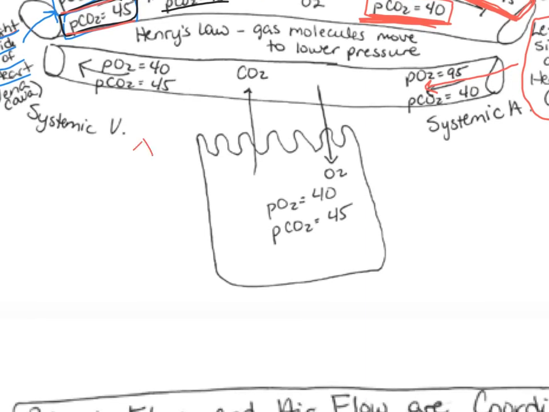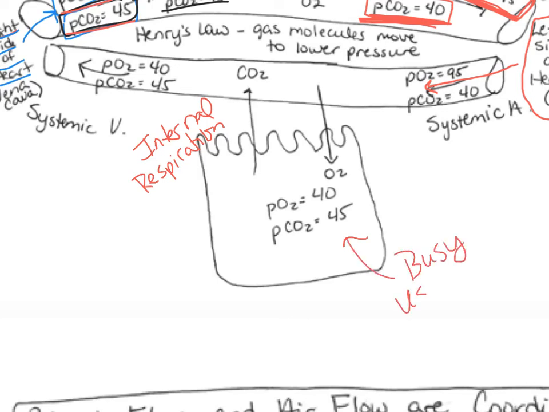Now this is internal respiration because we're at the tissues. Internal respiration. So the cell is busy, and it is using oxygen, so it's going to have low oxygen, and it's creating carbon dioxide.